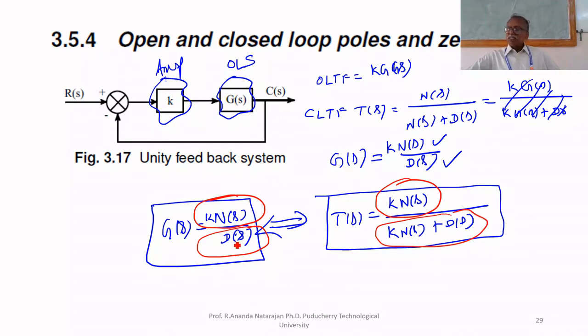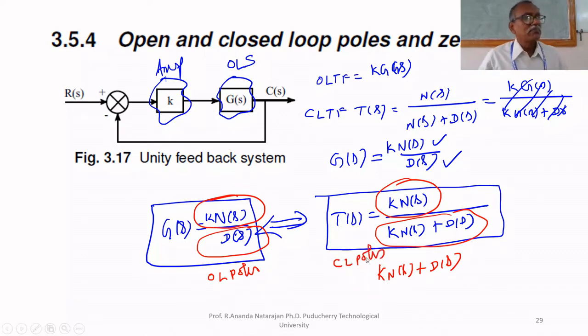In the open loop system, the denominator polynomial is d of s. In the closed loop system, it is k n of s plus d of s. That is modified. That's why open loop poles are different from closed loop poles.